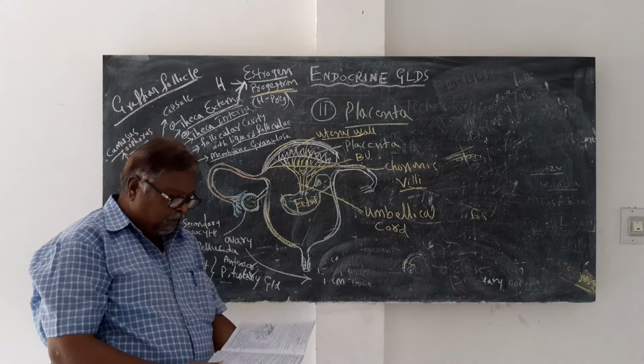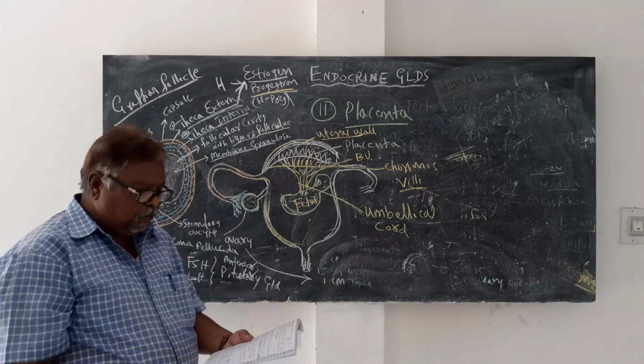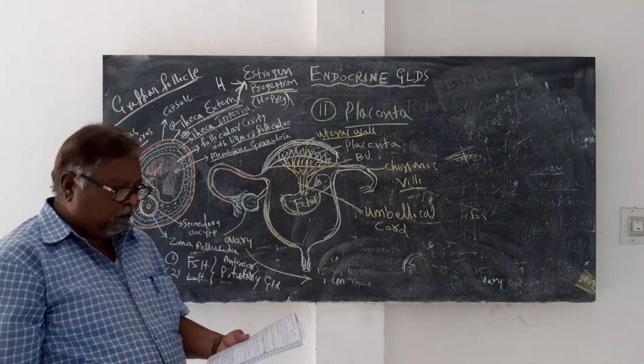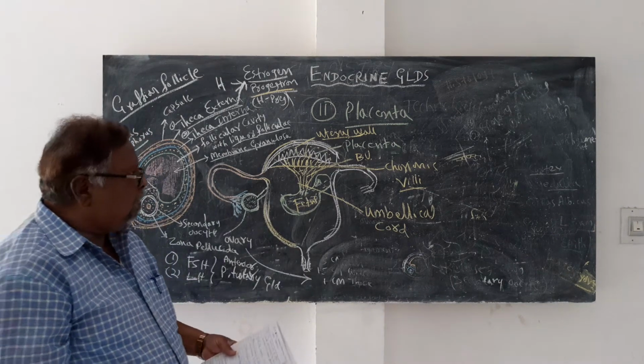Now, the functions of the placenta: it produces steroid hormones called estrogen and progesterone.